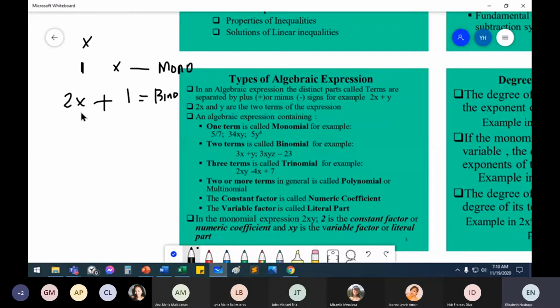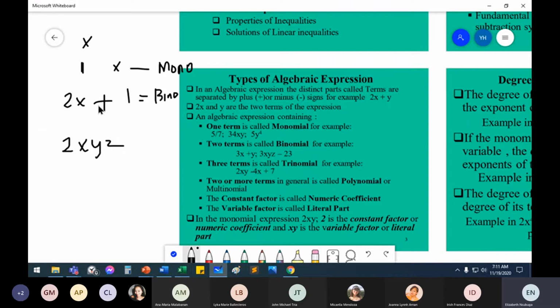Now, how will I know that it has two terms, or three terms? Because what if I'm given something like this, 2xyz? How will I know that this is a monomial, a single term algebraic expression? You will know that if the terms in the expression are not separated by either a plus or a minus.